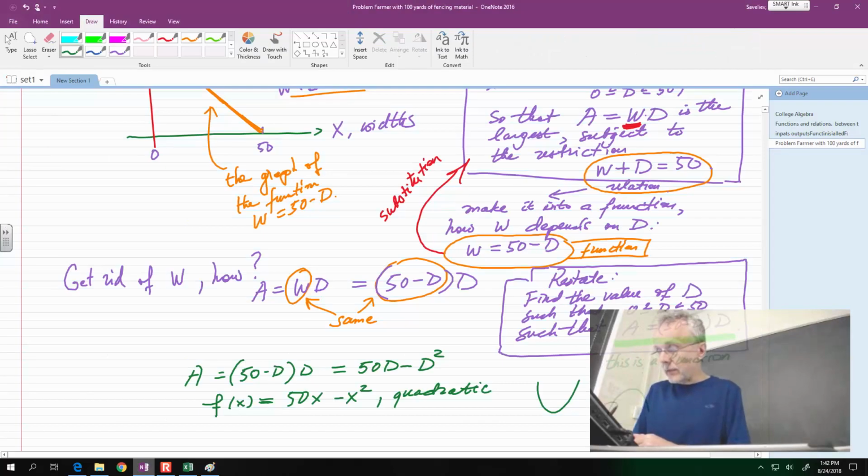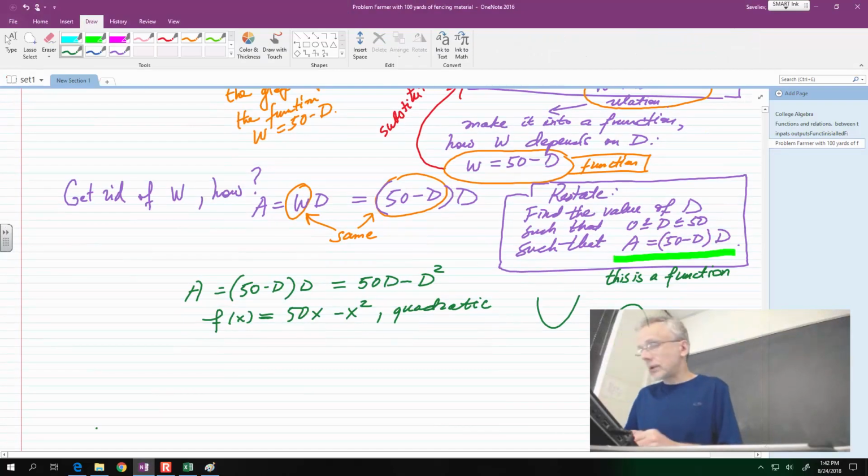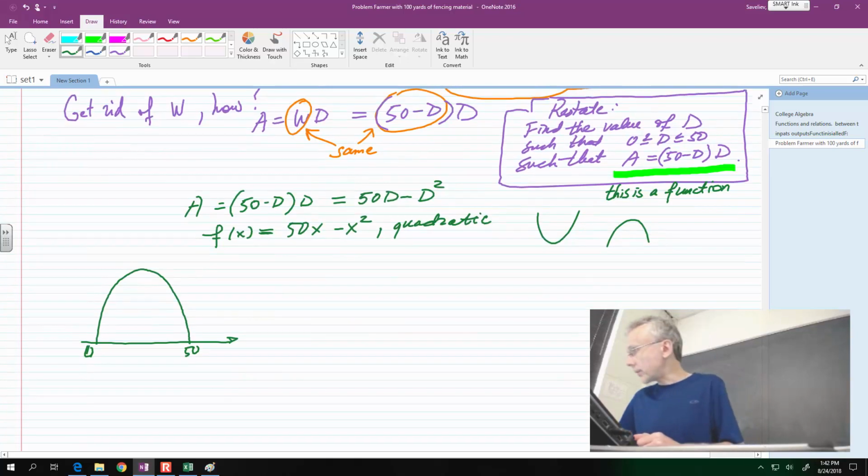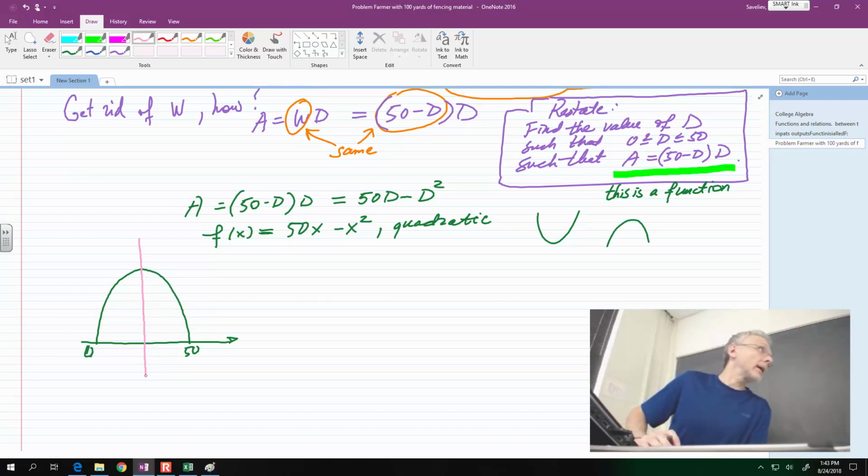Do you remember anything about the shape of a parabola? If this is 0, this is 50. So what is so special about parabolas? They're symmetrical, right?